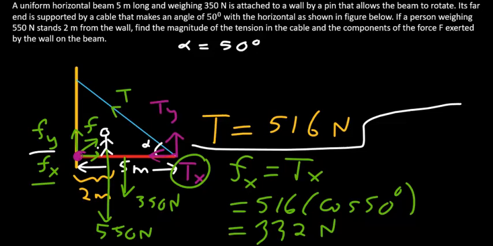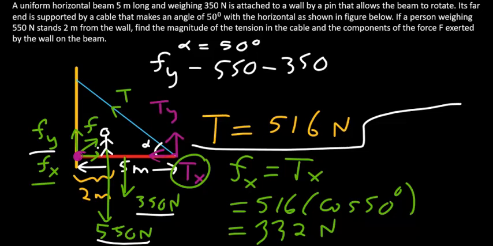Now let's determine the y component. The y component of the force F is going up. So Fy minus the 550 is going down, so minus 550. The 350 is going down, so minus 350. The y component of tension is going up, so plus Ty. Ty is tension times sine alpha. Alpha is 50 degrees.